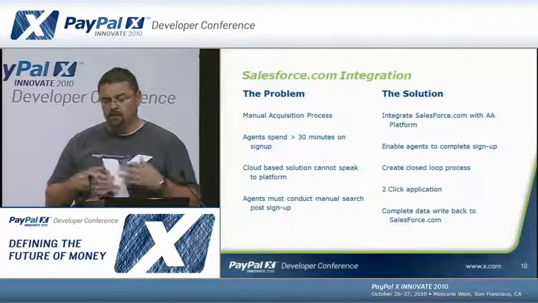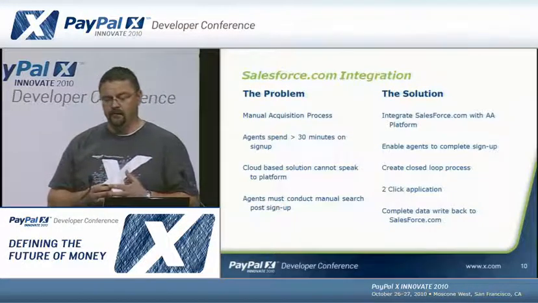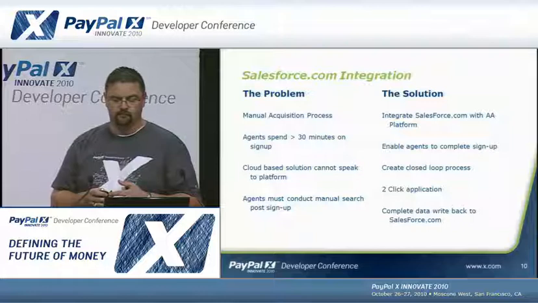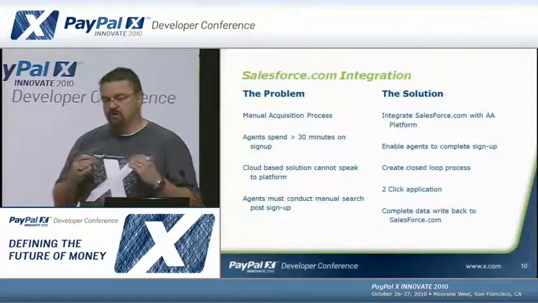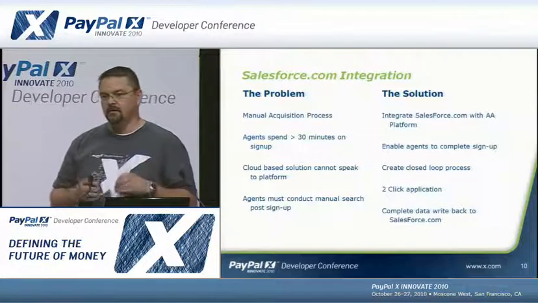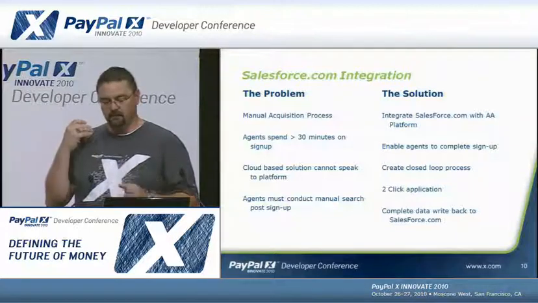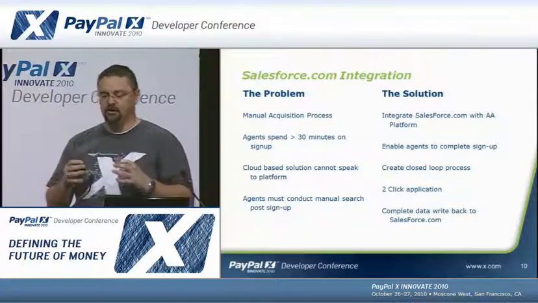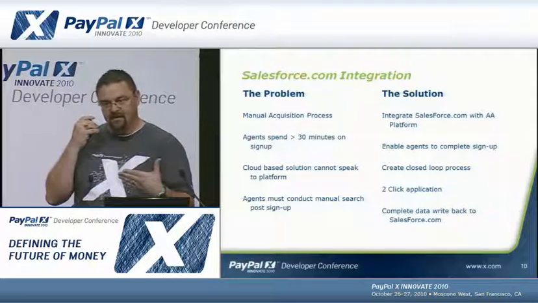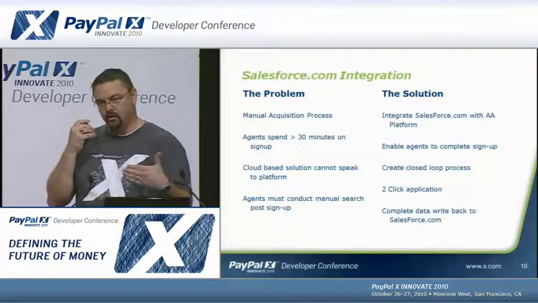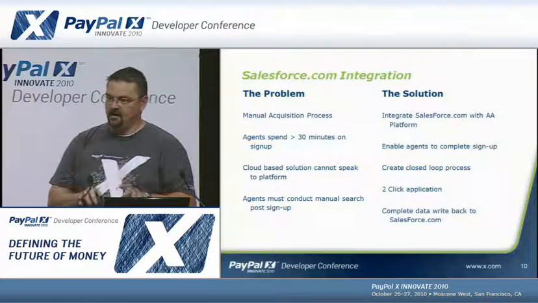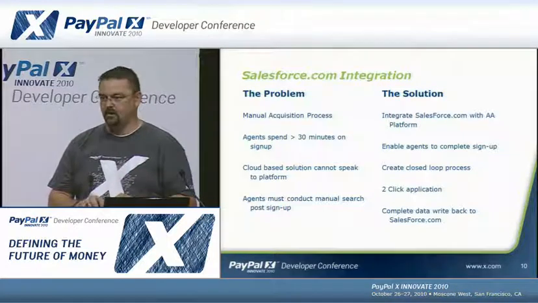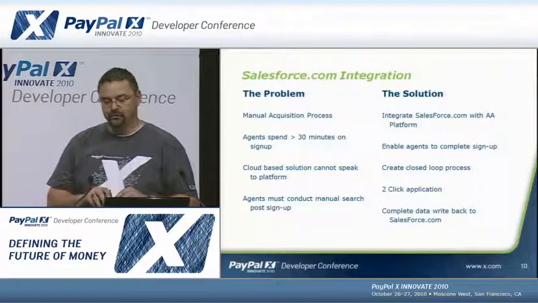We ended up integrating with the Adaptive Accounts platform, and we enabled merchants to complete the sign-up. Rather than talking the merchant through the sign-up process, we enabled our agents, being the product experts, to gather that information and enter it into Salesforce.com in a simple two-click process.